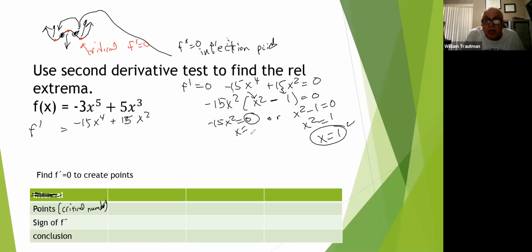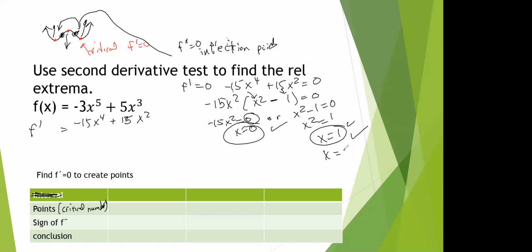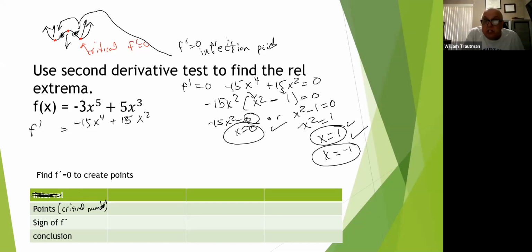Here's one critical number. Here's one critical number. I'm missing one critical number. Can somebody tell me what it is? Could it be -1? Yes. Right, when you take the square root of a square, you get x equals plus or minus 1. So these are our points. I'm going to start at the far left.